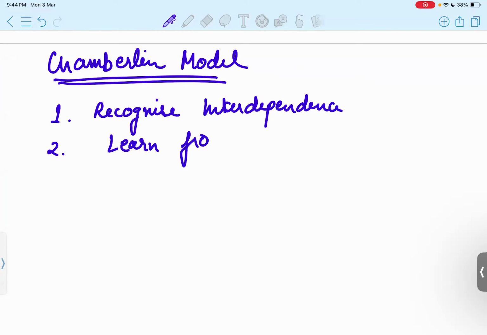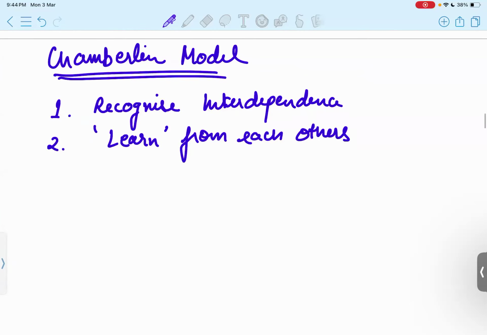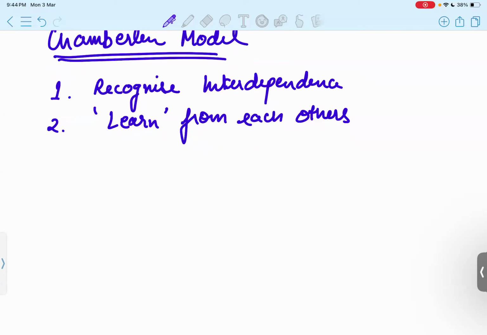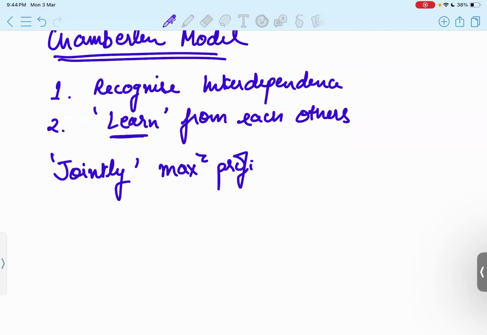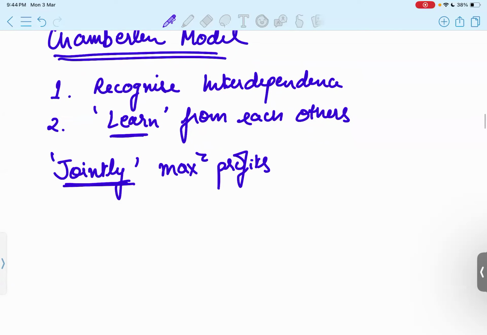They learn from each other's decisions, basically related to price and output. This learning factor was missing in the Stackelberg model. Because of this learning behavior by the firms present in the market, they are able to jointly maximize their profits, naturally. Although they are not working as a collusive oligopoly, in a non-collusive manner they are working jointly to maximize their profits.